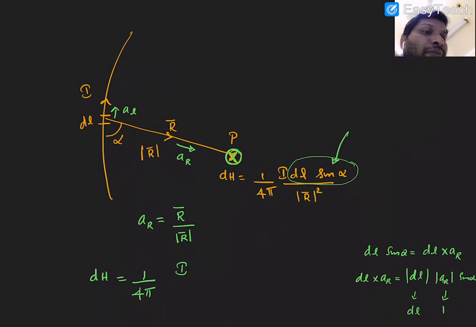Now I can show this as 1 by 4 pi I into the vector dl cross AR divided by the magnitude of R, the whole square.